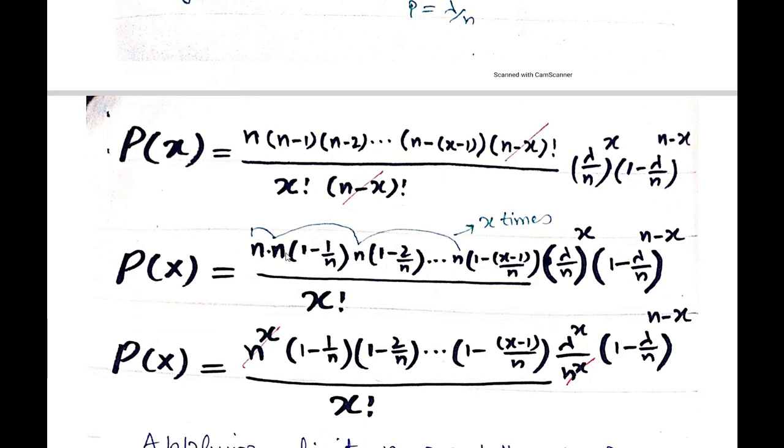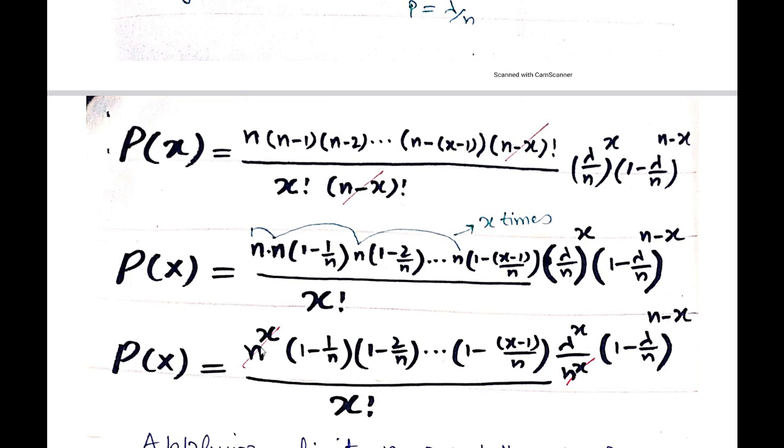Taking n common, we are left with 1 minus 1 over n, because we multiply and divide by n. So we have 1 minus 1 over n, 1 minus 2 over n, and so on up to 1 minus x minus 1 over n, times lambda over n raised to the power x and 1 minus lambda over n raised to the power n minus x.